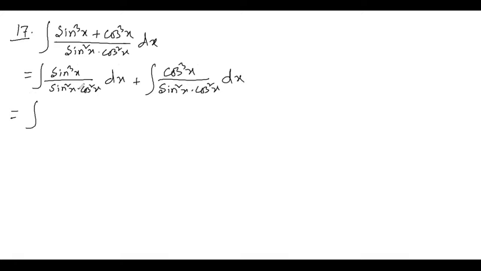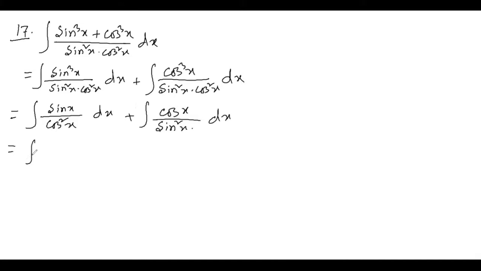Now the remaining term is sin x by cos square x dx, plus here the remaining term is cos x by sin square x dx.